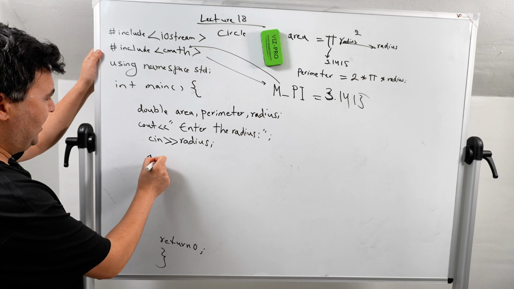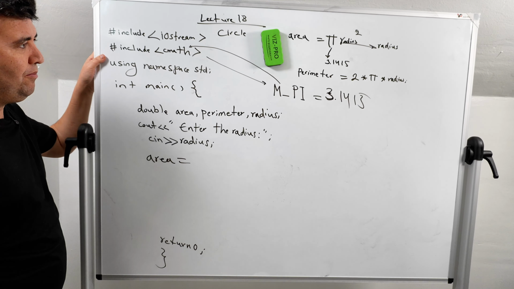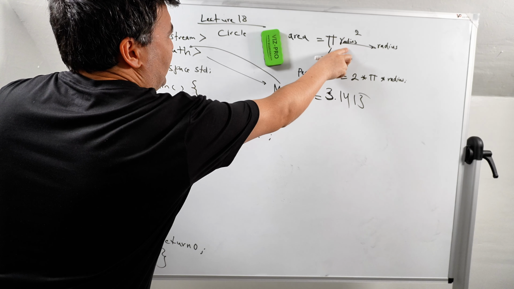And now we calculate the area. The area is pi times radius squared.